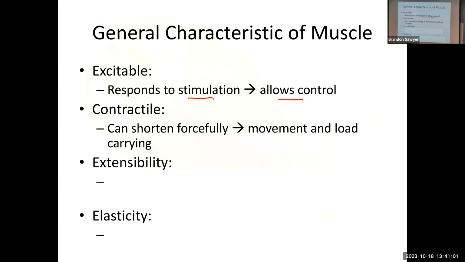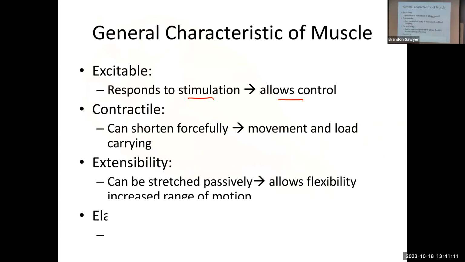Really, the definition of work is just to kind of like move something over a certain distance, right? And so we can do work with muscle. Okay, it's also extensible, which means we can stretch it out. Okay, which allows for a little bit of extra range of motion, right?